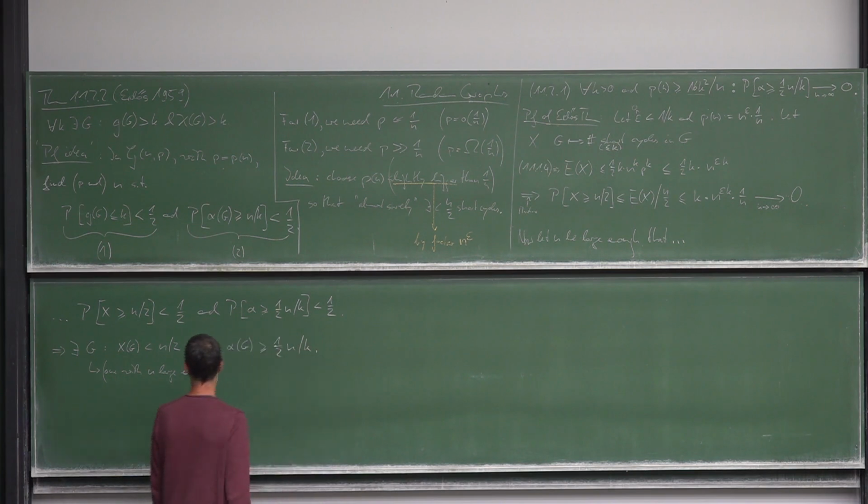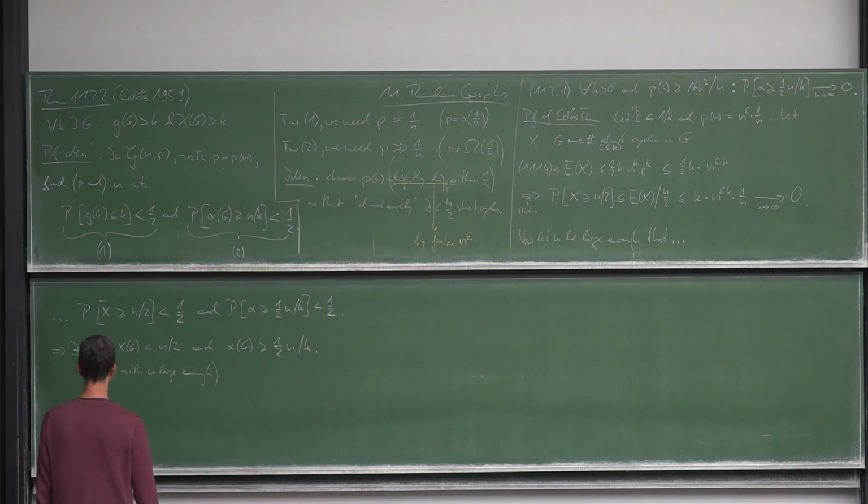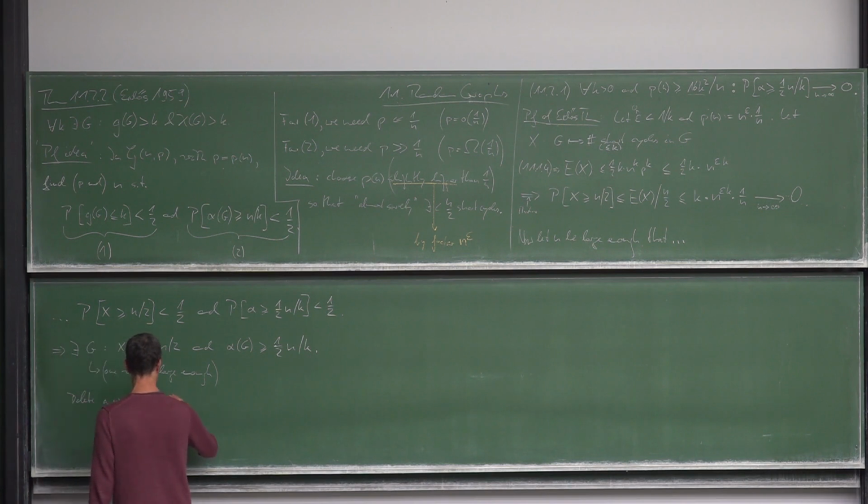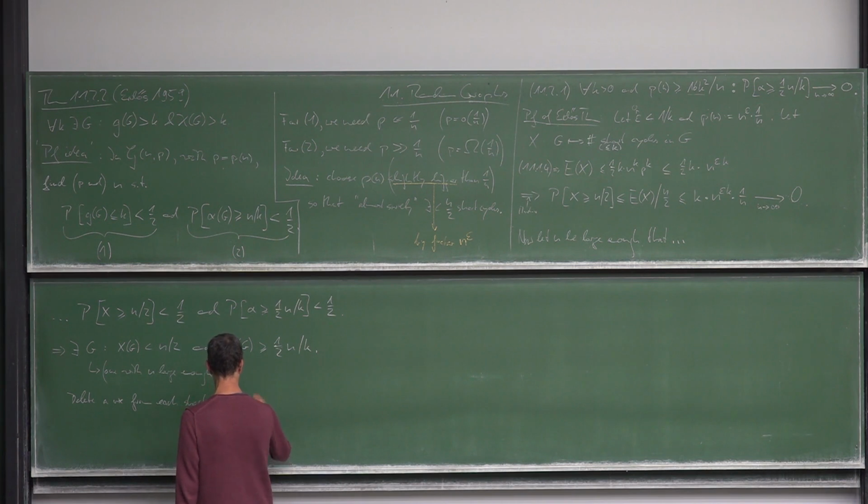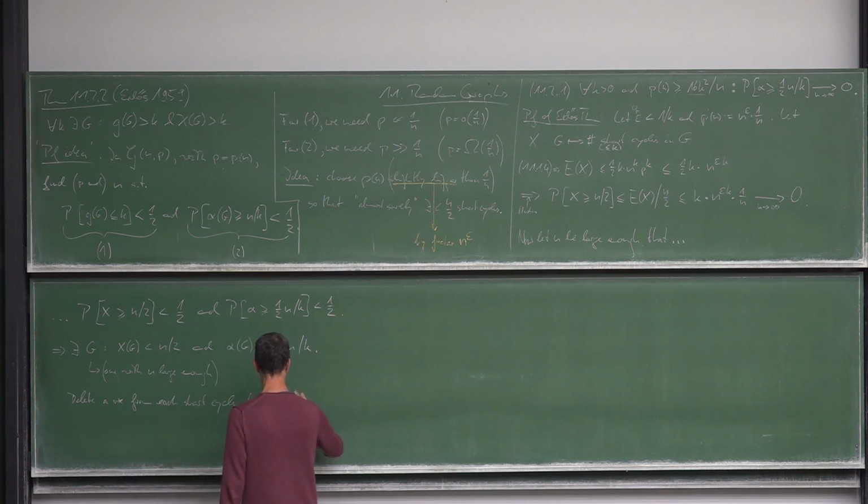Right. Delete a vertex from each short cycle. So less than half n vertices in total, to obtain a subgraph.